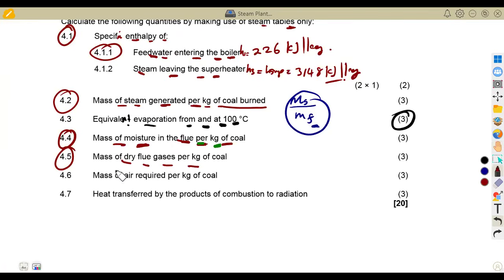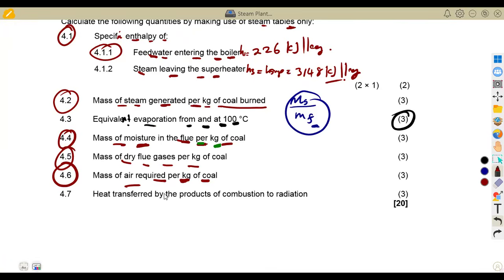Let us check here. They are saying the mass of air required per kilogram. You see what I was trying to say there? They are giving us this now, and we are supposed to have the mass of air, the mass of air required.